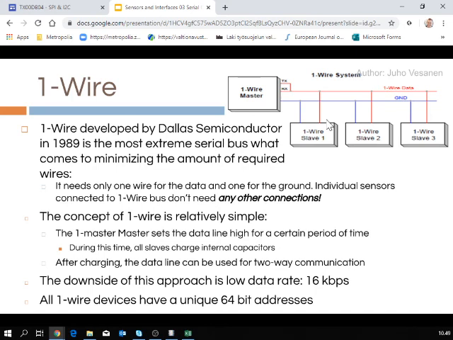The downside is a low data rate, 16 kilobits per second. It's nothing compared to any other. But it is still used in slow applications like temperature measurements.